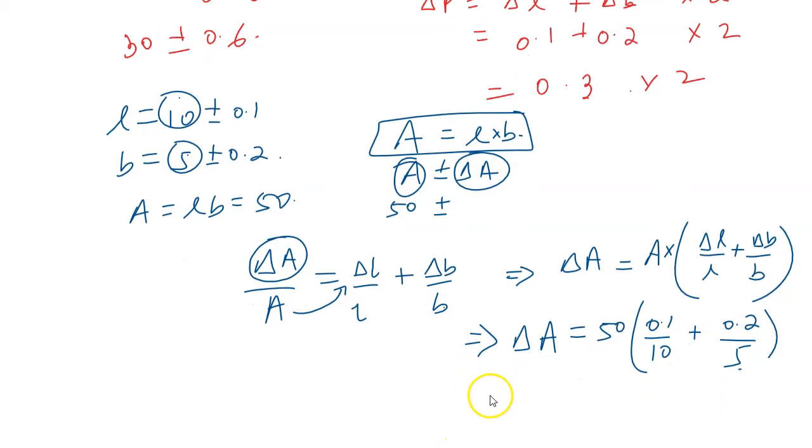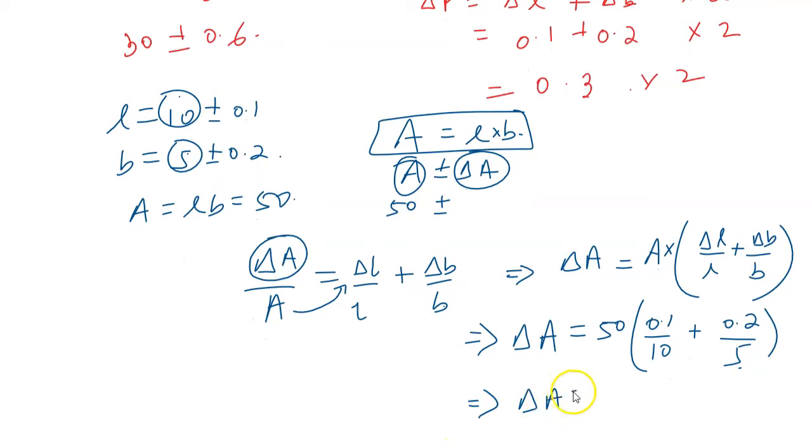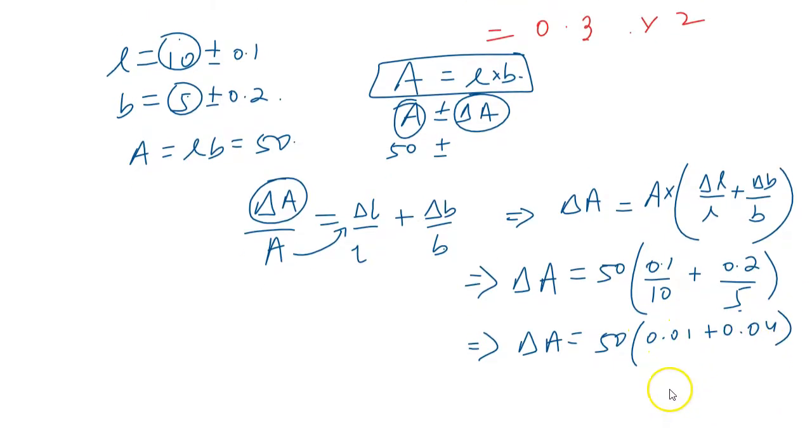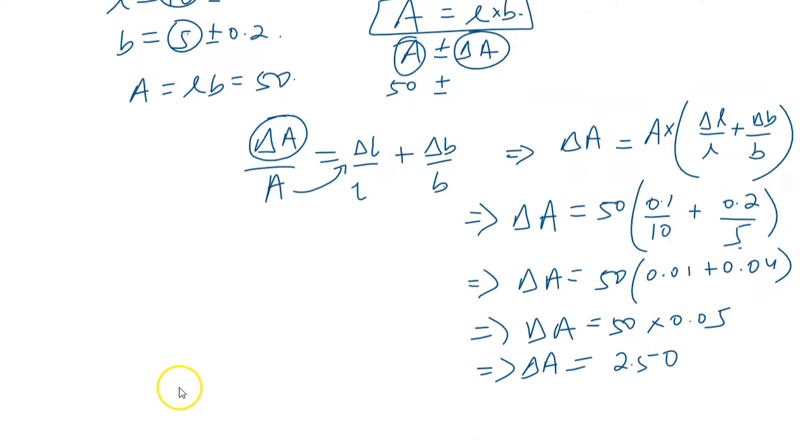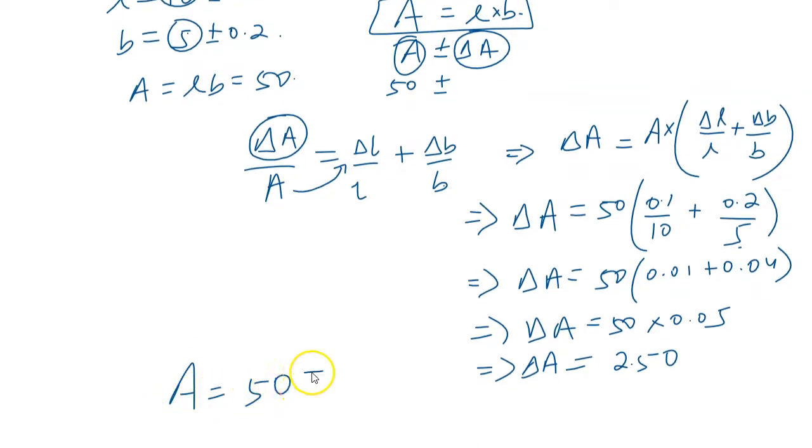So, if we compute, this will come out to be 50 times 0.01 plus 0.04, and that will be 50 times 0.05. So, that will be 2.5. So, yes, area will come out to be 50 plus minus 2.5 meters square.